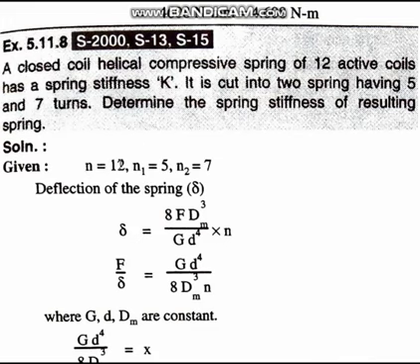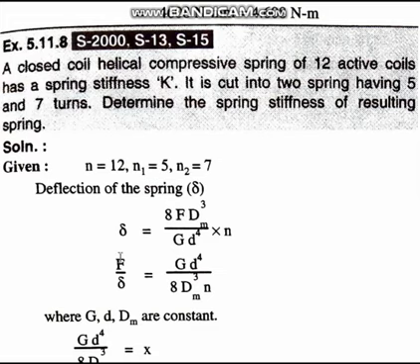So the number of active coils before cutting is N is 12. After cutting, one spring has 5, another spring has 7. Now spring stiffness. Spring stiffness formula. Spring stiffness means what? F upon delta. F upon delta is not there in the shear stress equation. We are having two equations, but in the delta equation you will have the stiffness value, the stiffness formula.